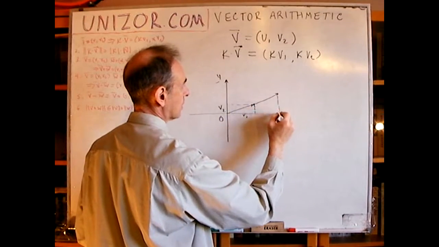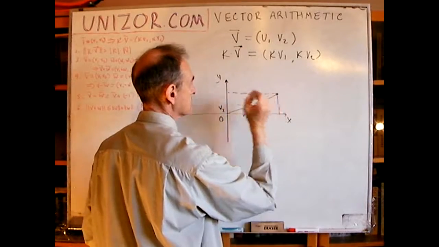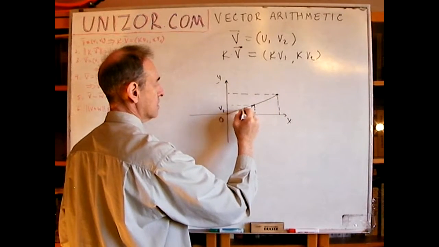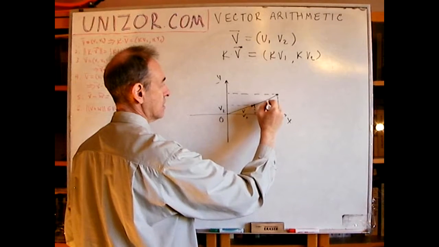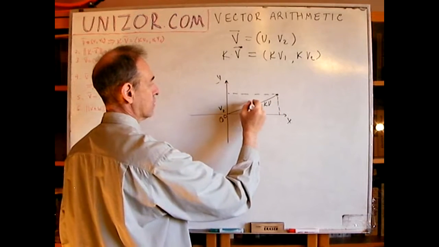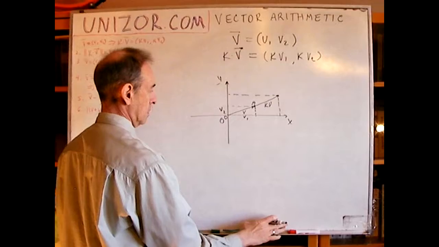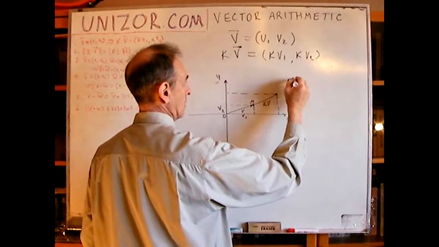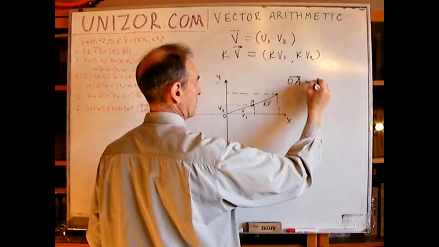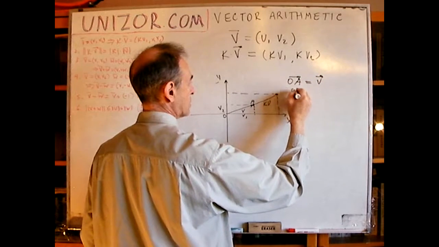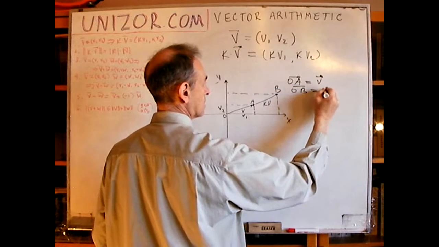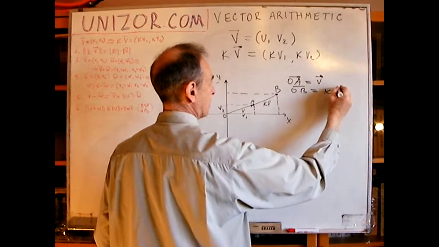Now, what are the coordinates of this next vector? So if this is b, this is kv. From 0 to a is v, and from 0 to b is k times v.